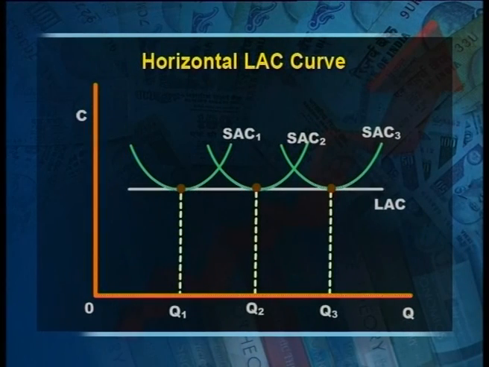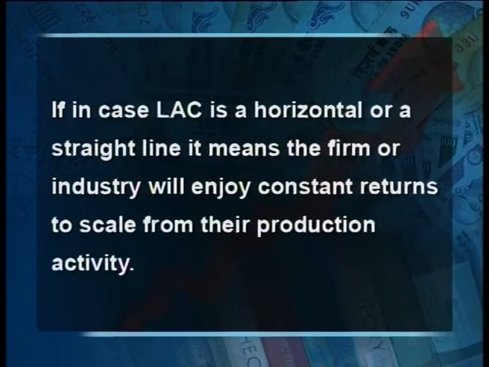The flat portion of the LAC is formed by the lowest points of many SAC curves. In a nutshell, we should understand that if the LAC is horizontal or a straight line, it means the firm or industry will enjoy constant returns to scale from their production activity.